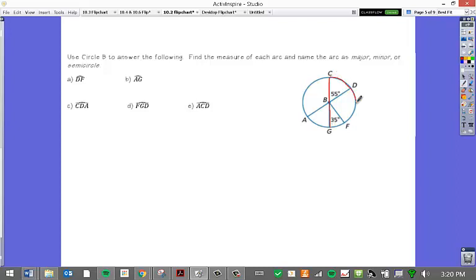That makes this arc, CDG, a semicircle. So that means the measure of that arc is 180 degrees. So I'm going to do 180 minus 55 minus 35 to get this central angle to be 90 degrees. That arc measure is 90 degrees.